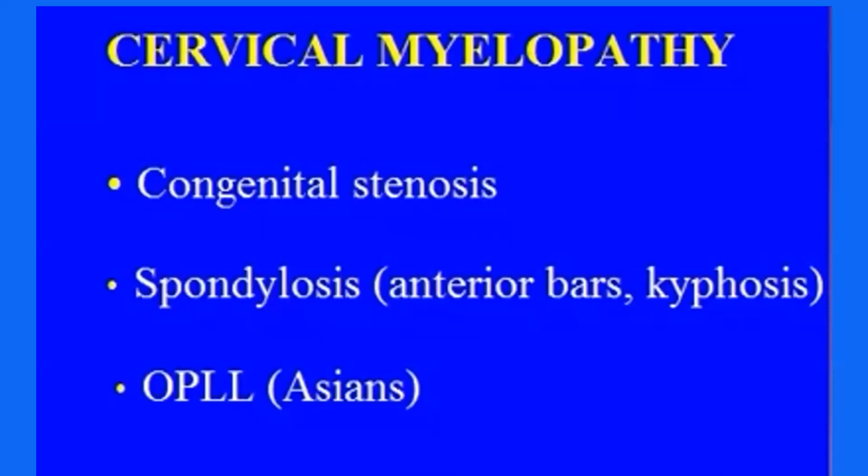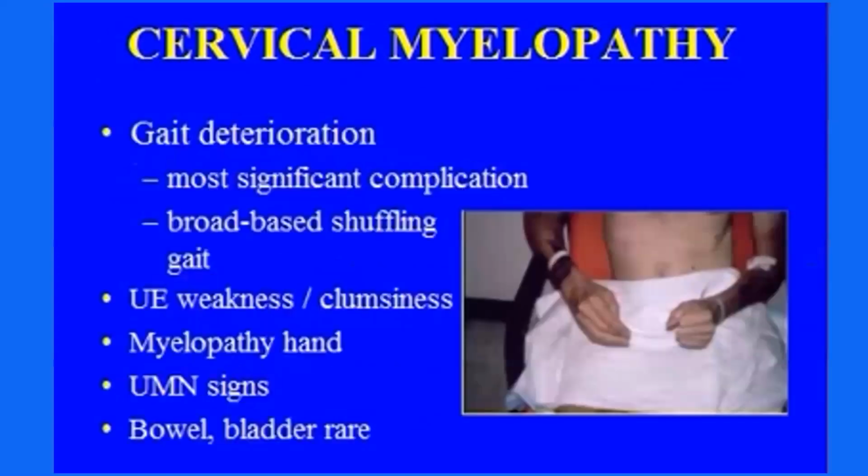Cervical myelopathy: we know congenital stenosis is one of the major causes. An example would be achondroplasia. Spondylosis, anterior bars, kyphosis, and ossification of the posterior longitudinal ligament, especially in Asians, are causes of cervical myelopathy. So you have to remember these. What happens?